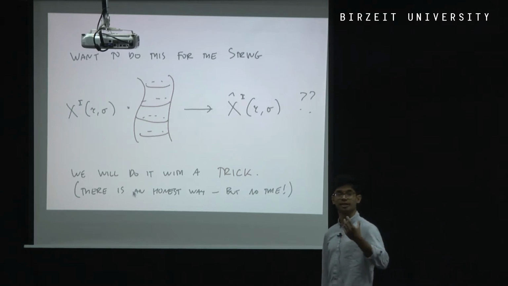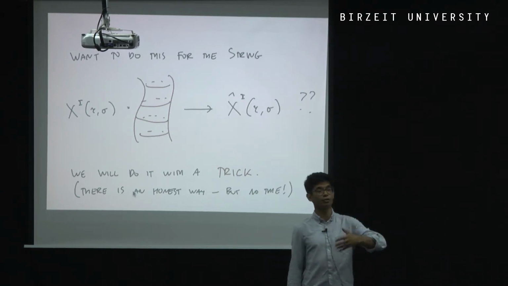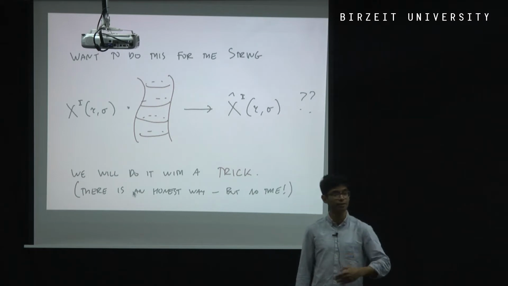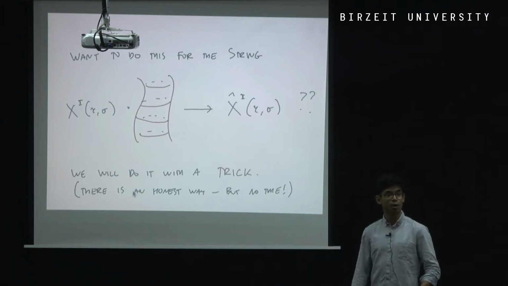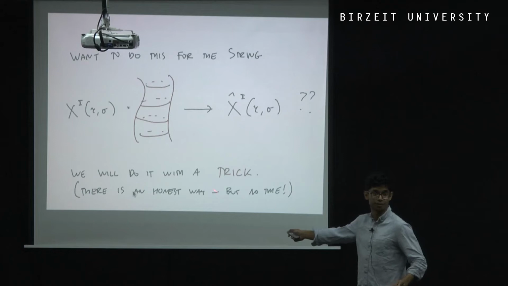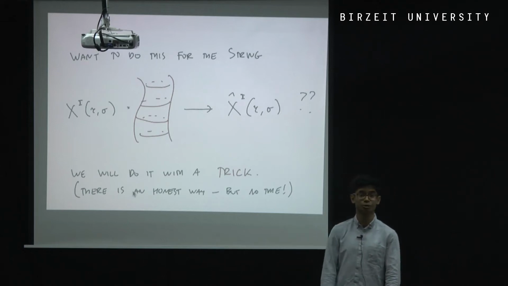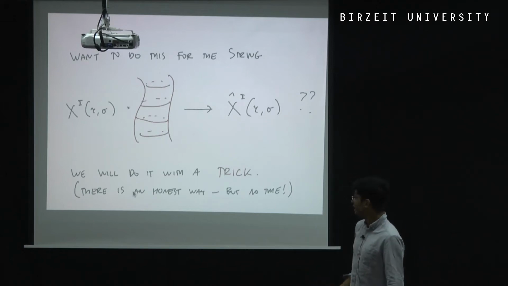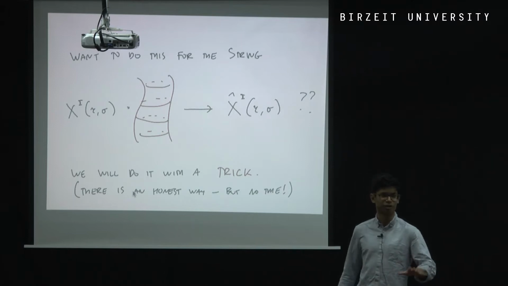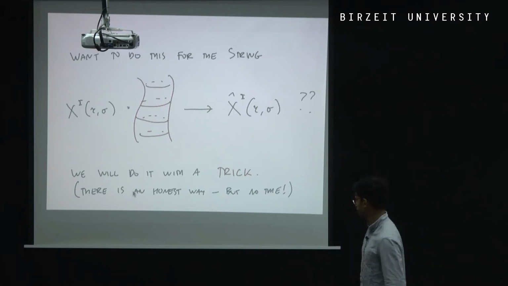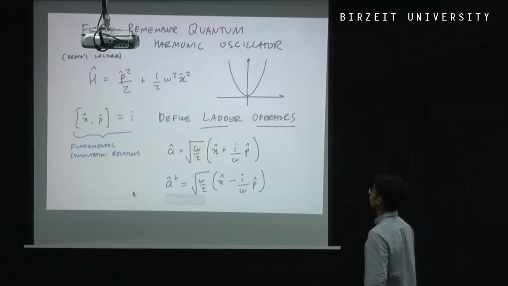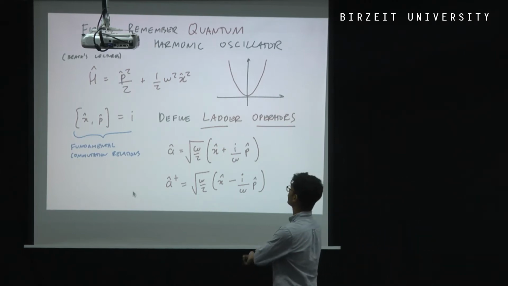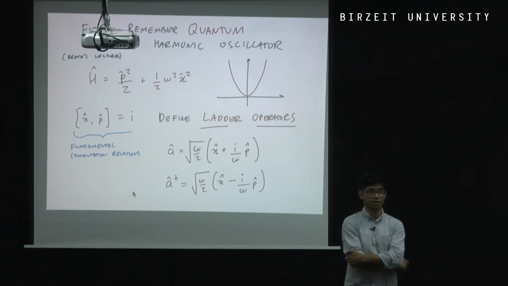You start with the action, you go through some stuff, you quantize the action, you get the answer. But we don't have time, so instead I'm going to do it with a trick, okay? Let me explain what this trick is going to be. And again, everyone should go through this honestly from this book that I showed you. But for now, let's do it with this trick. So first, I need to remind everyone of a bunch of things from the simple quantum harmonic oscillator.